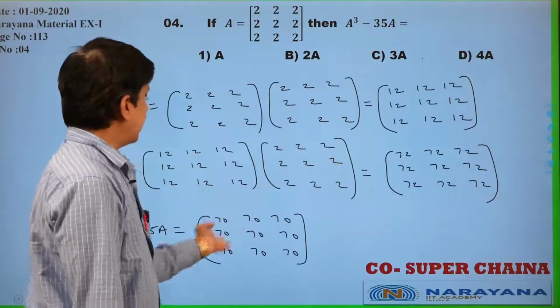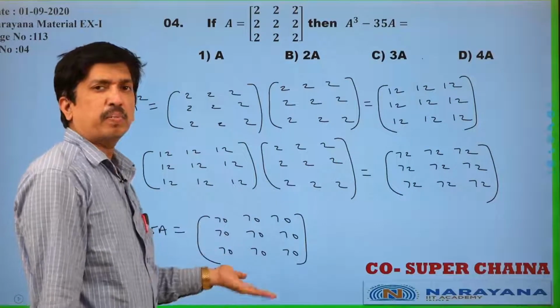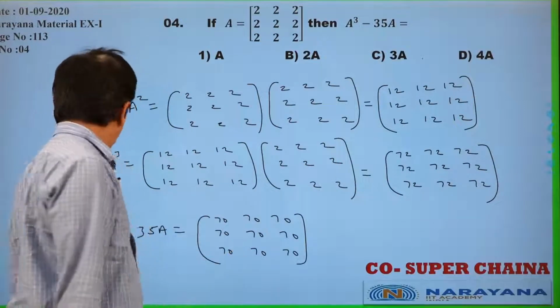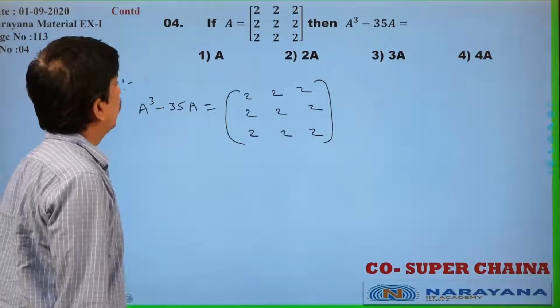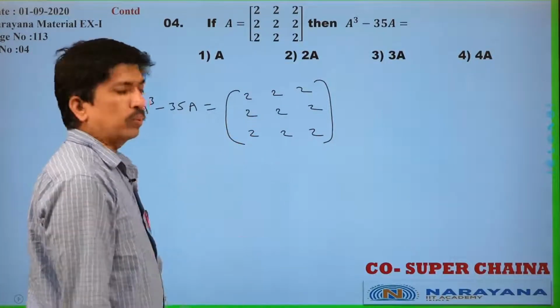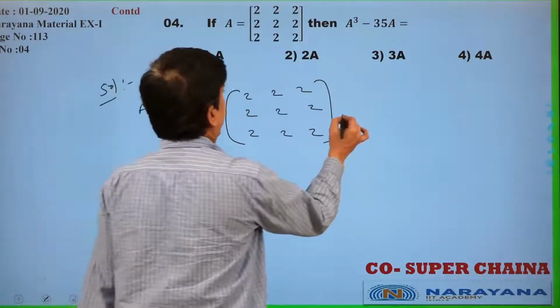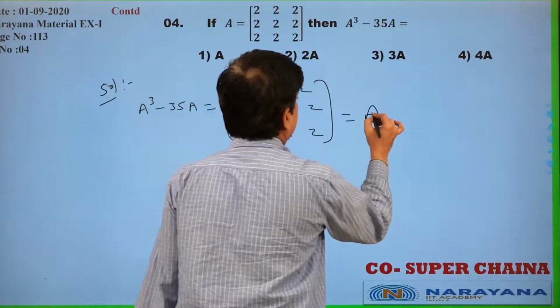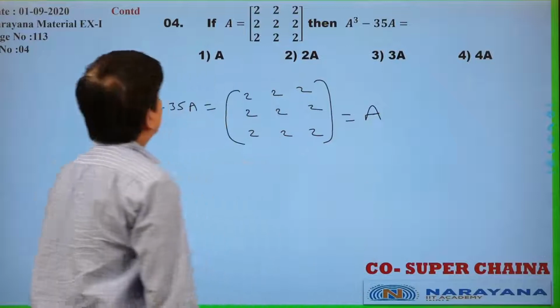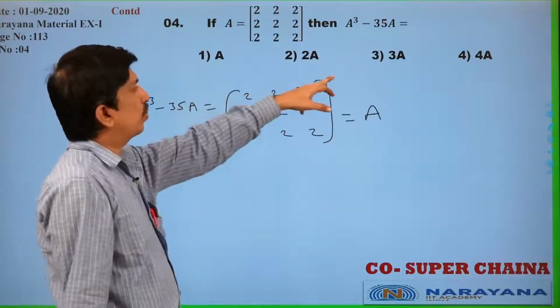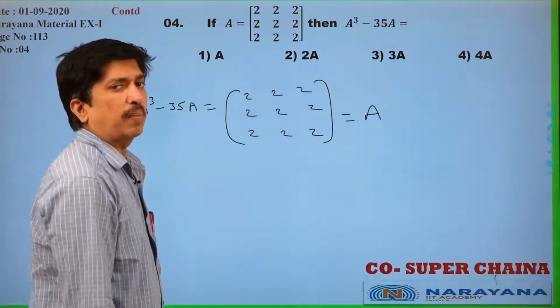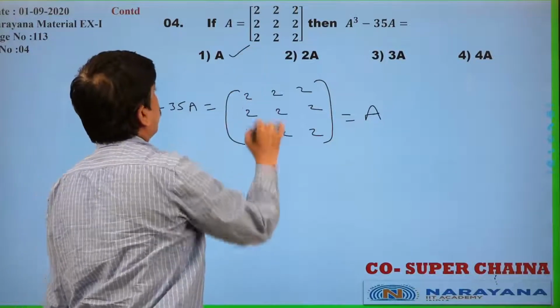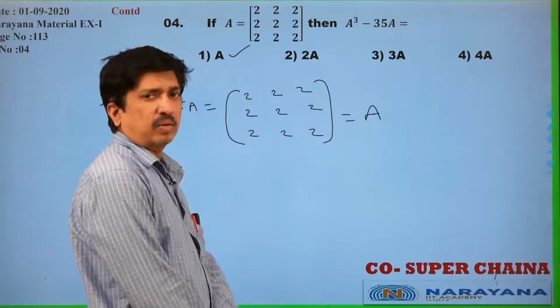See, 72 minus 70, everything is like that. So we got a matrix of all 2's. This is already, you know, A only. The first option is A, second option 2A, third option 3A, fourth option 4A. So the first option A is the correct answer.